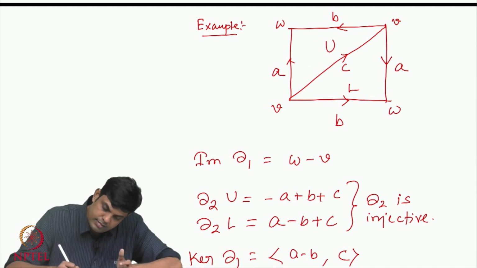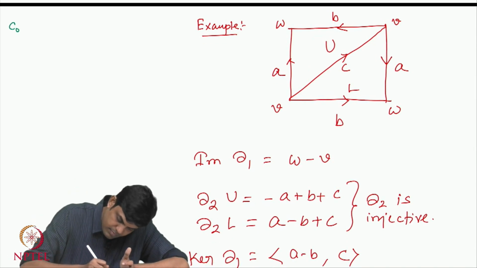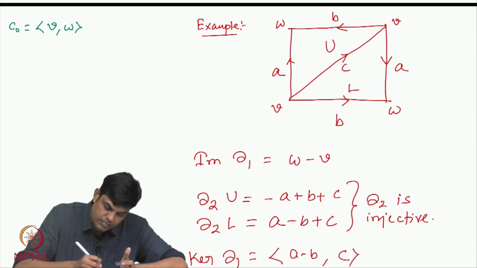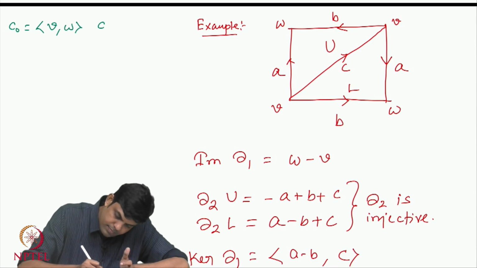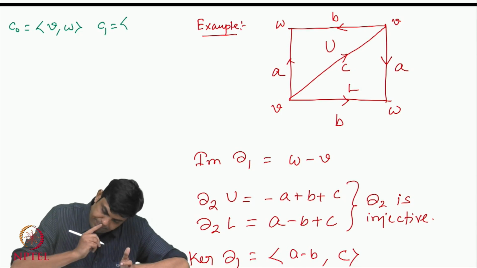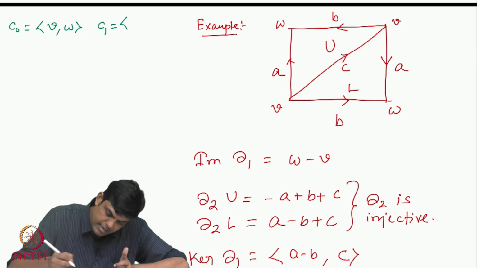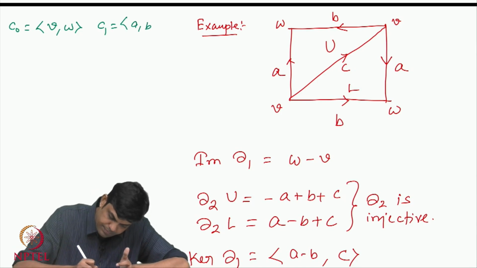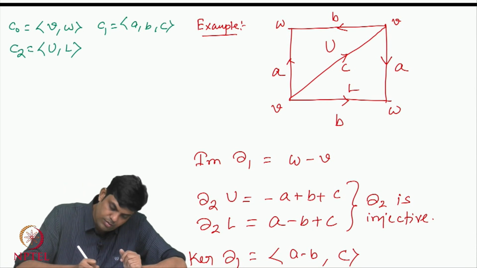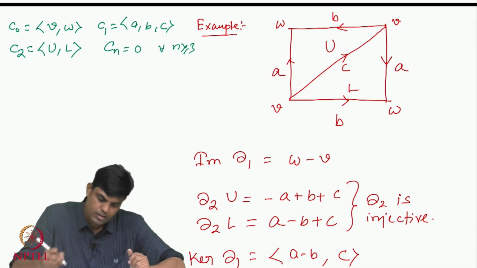Okay. So let us start with C0, that is generated by V and W. C1 is generated by A, B and C. C2 is again generated by U and L. Okay. And C3 onwards, everything is 0.